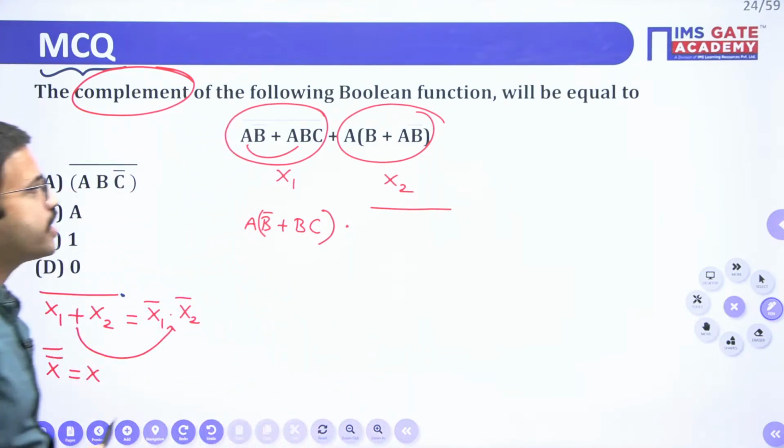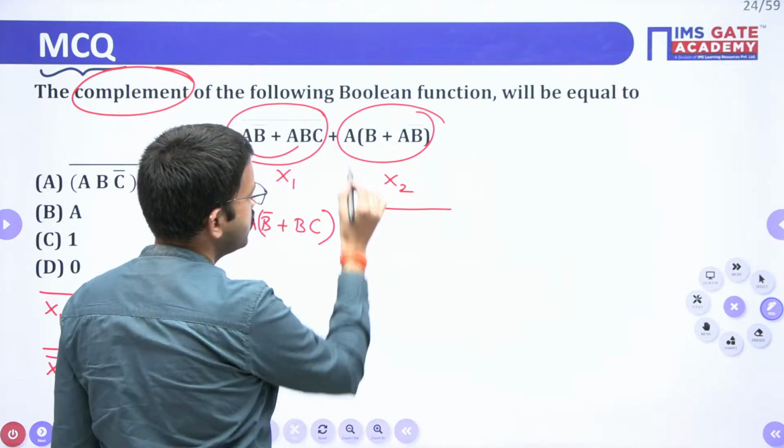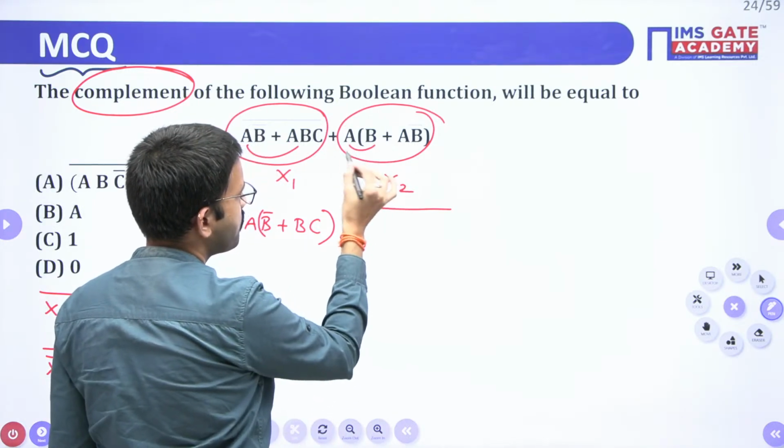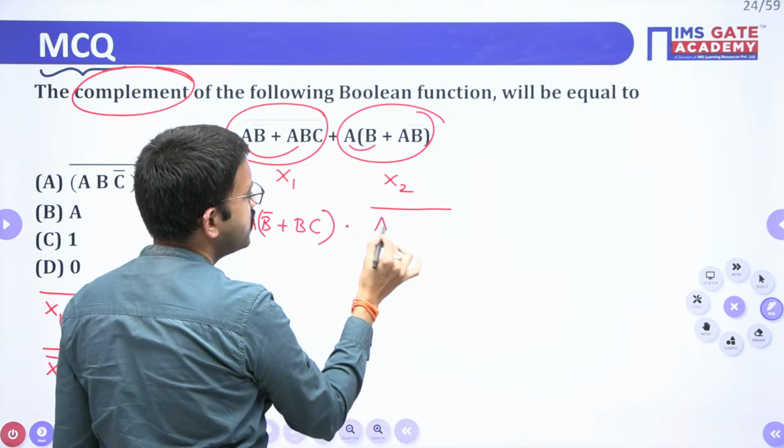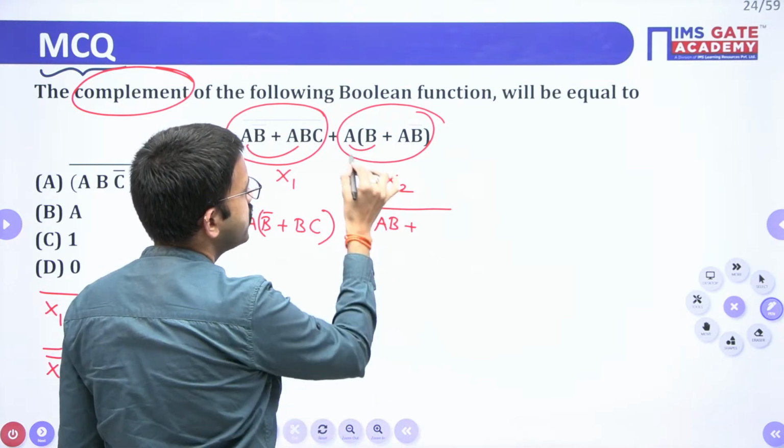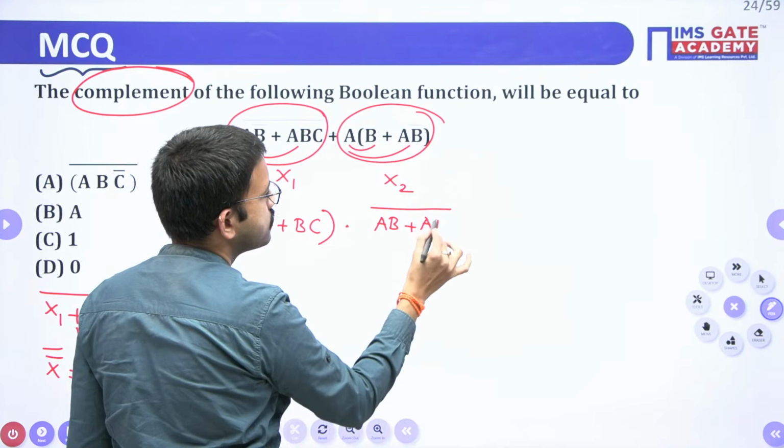Okay, Kundan, I will just write this one term and then I will wait for some time. A into B is nothing but AB, plus A into B bar is nothing but AB bar.